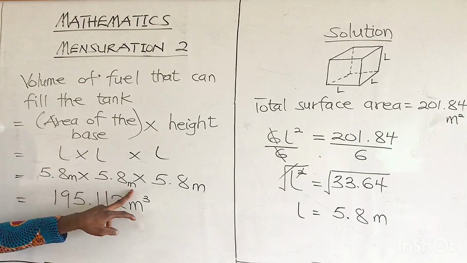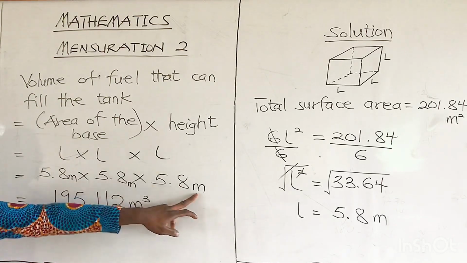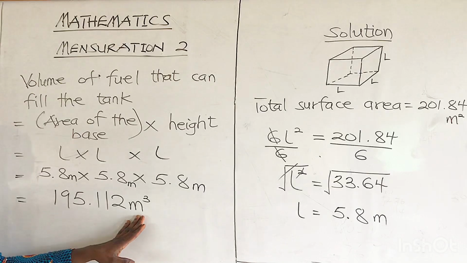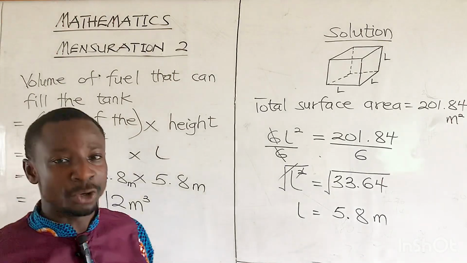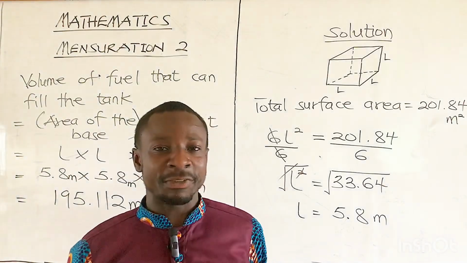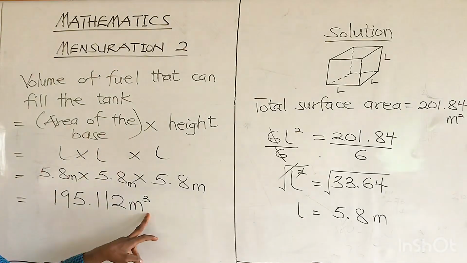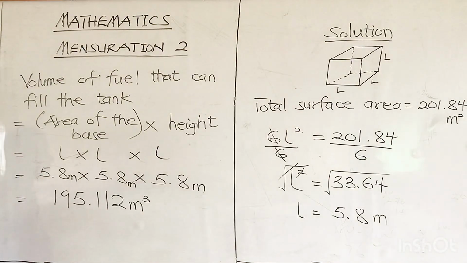So m times m is m squared, times another m, we have m cube. That is why volume of any figure is always measured in cubic units. If it is in meters, then meter cube. If it is in centimeters, we have centimeters cube, and so on.